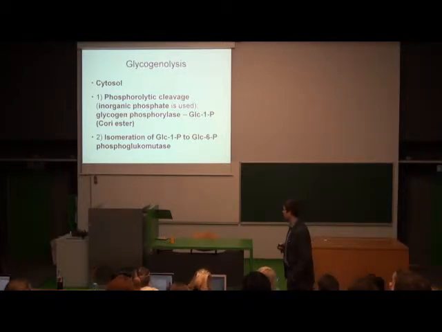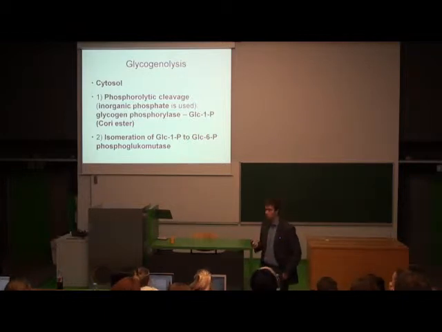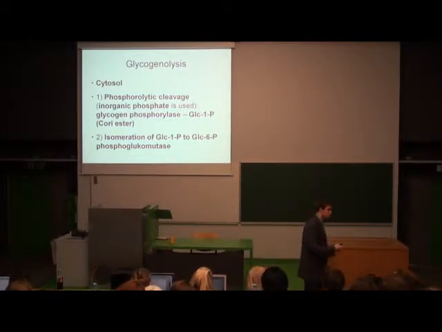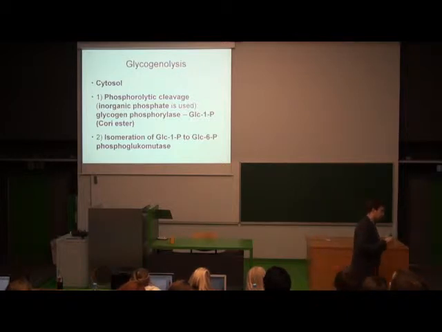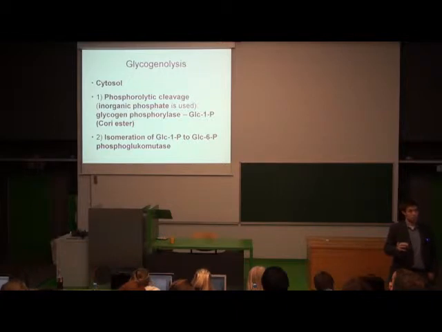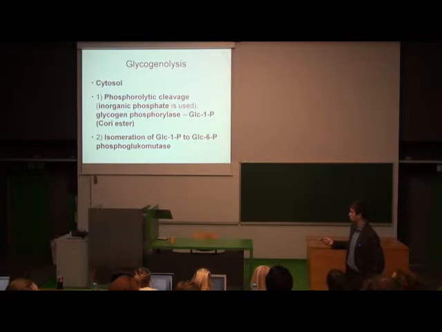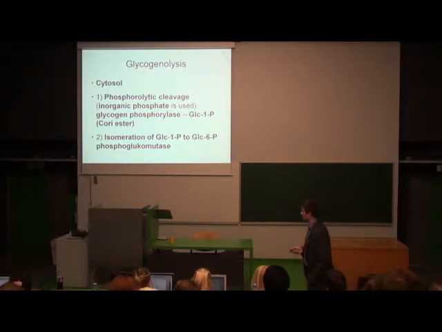In this reaction you form not pure glucose, but glucose 1-phosphate. So it's very efficient, because you produce glucose with phosphate, and you do not have to use energy from ATP to produce the phosphorylated glucose. This glucose 1-phosphate is also called Cori ester.